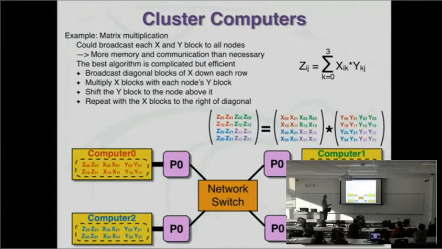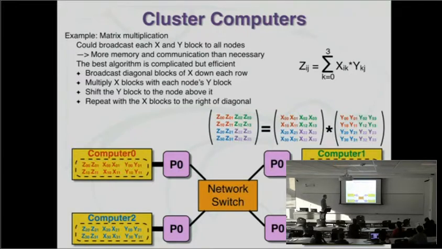Now we're going to shift the y block to the above node. So this y block is going to be shifted above it. Well, that means it gets wrapped down. Since there's no above, we're going to cycle it and go down. This y block gets shifted up here. And the same over here, and then we're going to see if there's more contributions to our z elements that we can do.